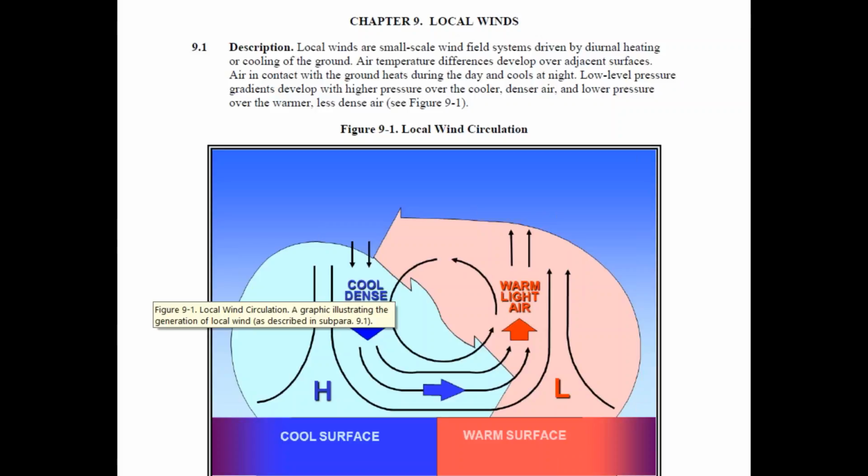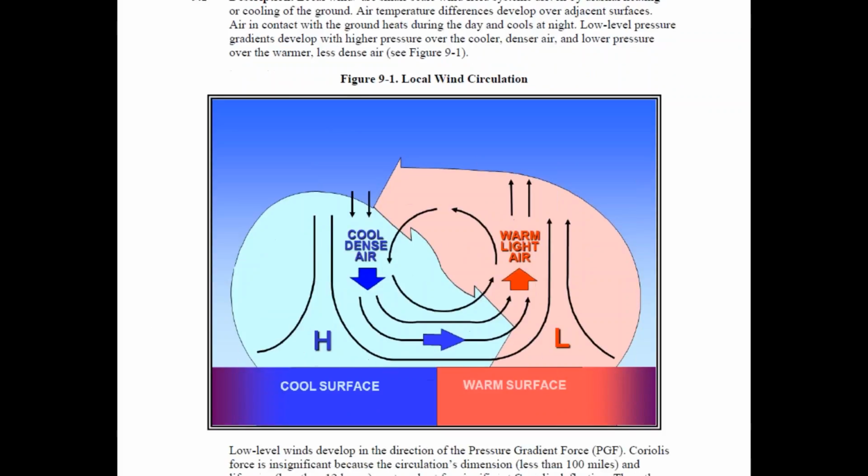surface, and I guess you can kind of see it on this. If you were to imagine that the cool surface on this was the water and the warm surface was land, then you see this pattern develops where the air blows in when it's on the ground. The air wants to move over to the warm, so you get the air on the ground blowing off the cold surface towards the warm surface, and once it hits the warm surface, it starts to warm up again, and that causes it to lift, because as air warms up, it creates a lifting action.